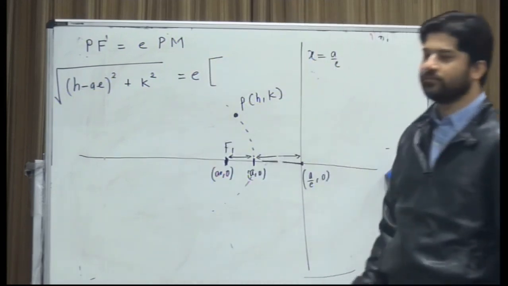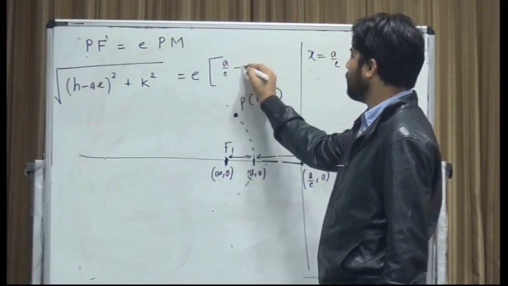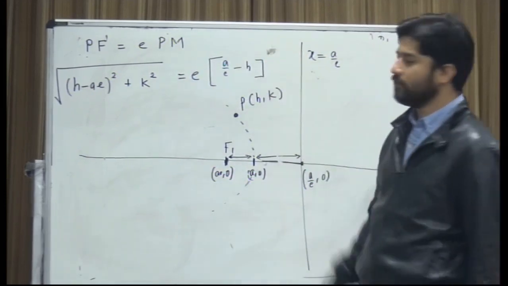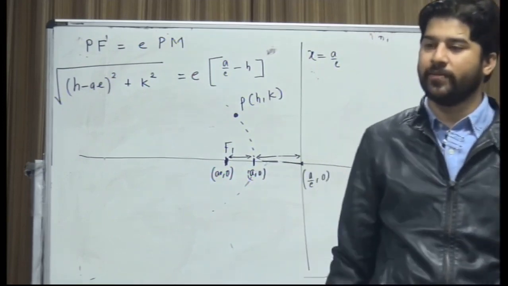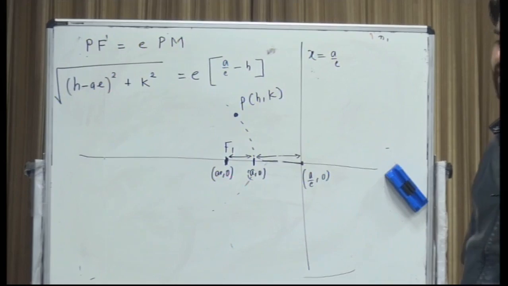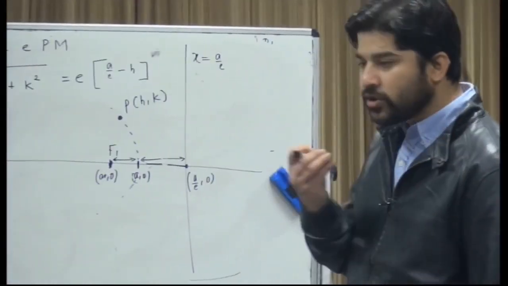What will that be? A by e minus h, right? This is going to be the distance a by e minus h. Now getting rid of your square root, what should we do? Square it up.